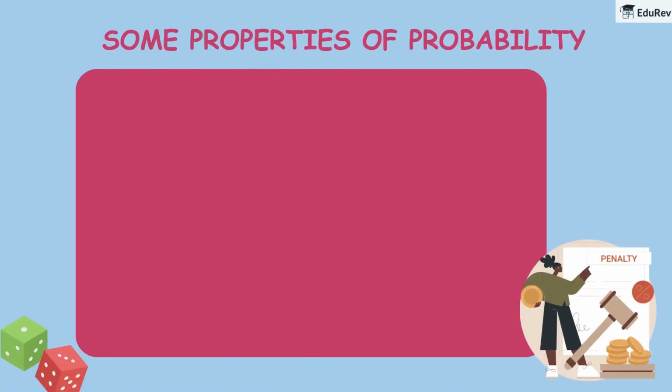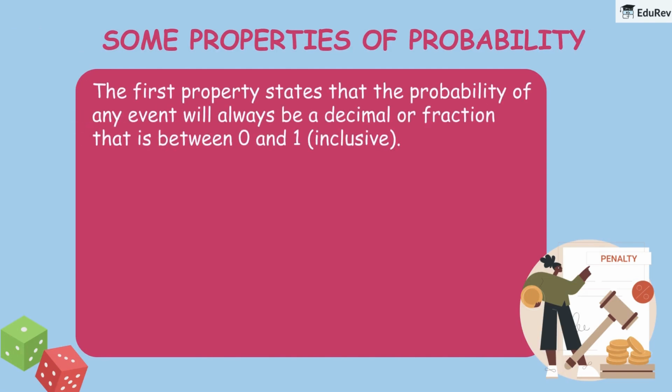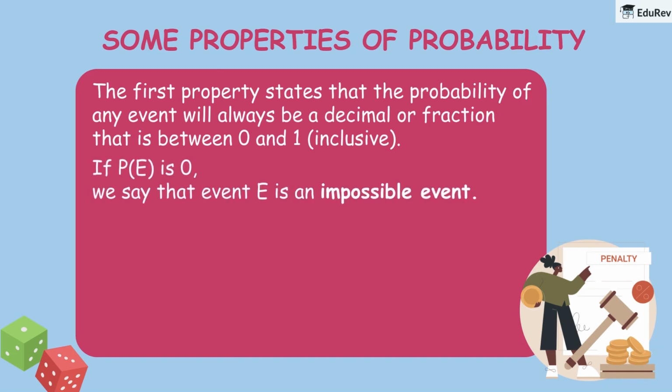Now, let's go over some properties of probability. The first property states that the probability of any event will always be a decimal or fraction that is between 0 and 1, inclusive. If P of E is 0, we say that event E is an impossible event. If P of E equals 1, we call event E a certain event.